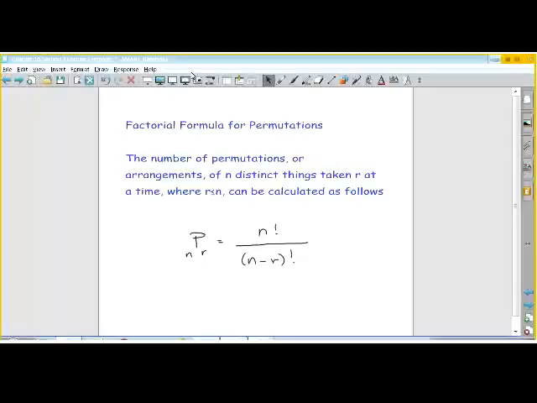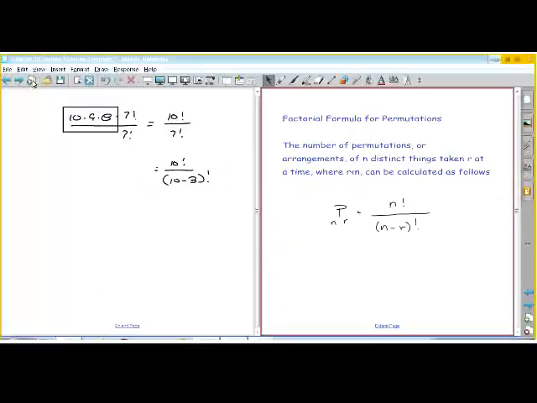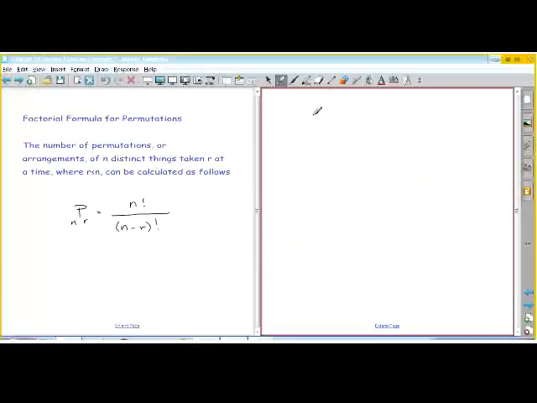So let's write this out. We're going to put this on 2 pages, and I will say for our previous example, n equals 10, r equals 3. And we'd write it out, P, 10 things taken 3 at a time.